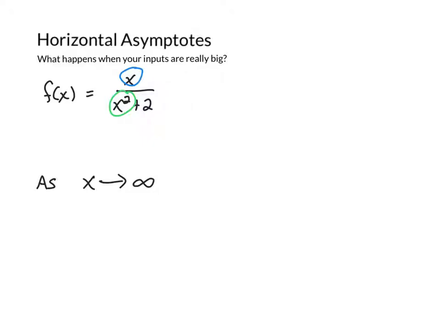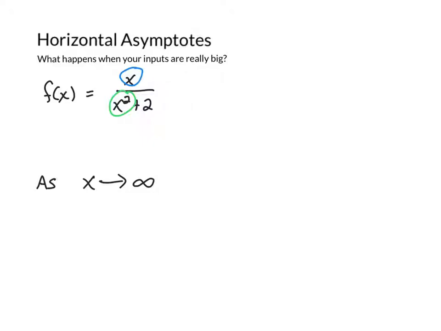All right, so with that said, if I'm only considering my leading terms, this x and this x squared, well, when x is really big, my x squared is going to be much, much bigger than x. And so, well, I'm dividing some number by something that's much, much bigger, and so that's going to tend to 0. So take a number, divide by something that's much bigger than it, you're going to get something that's much smaller. Okay?